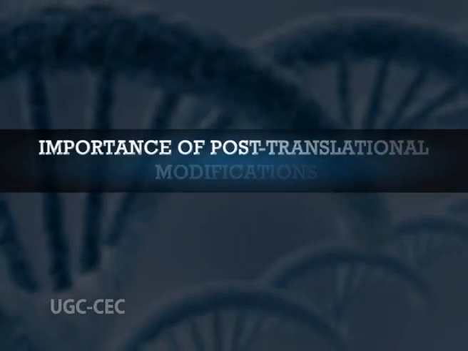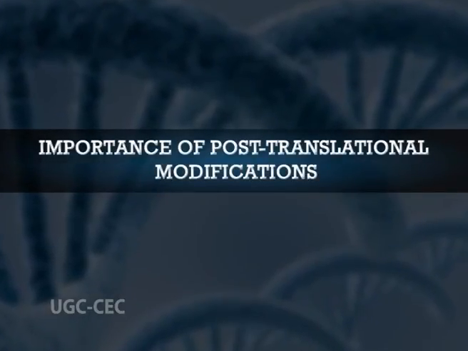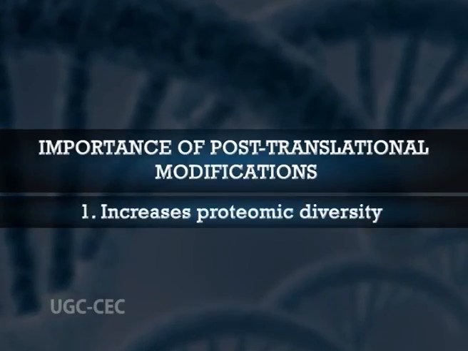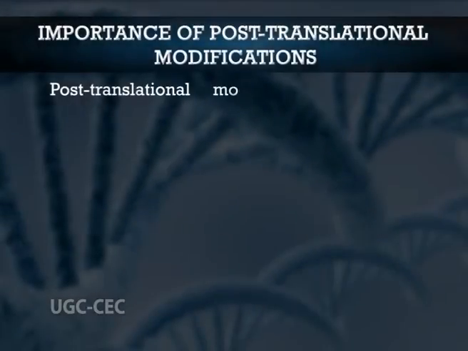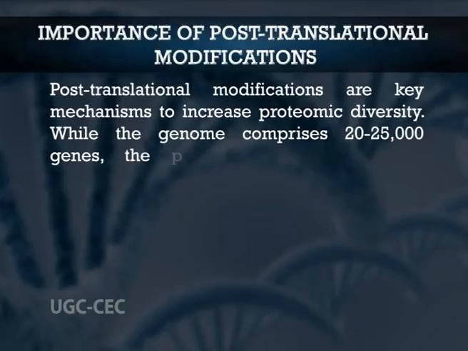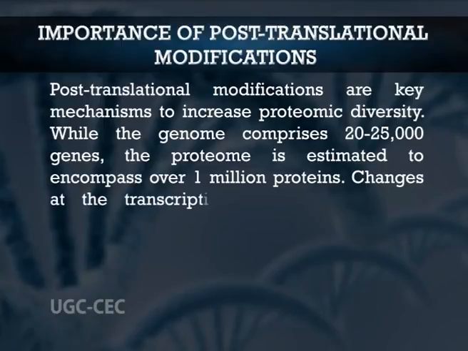Now let us discuss the importance of post-translational modifications. First, let us look into the increase in proteomic diversity. Post-translational modifications are key mechanisms to increase proteomic diversity. While the genome comprises about 20 to 25,000 genes, the proteome is estimated to encompass over 1 million proteins.